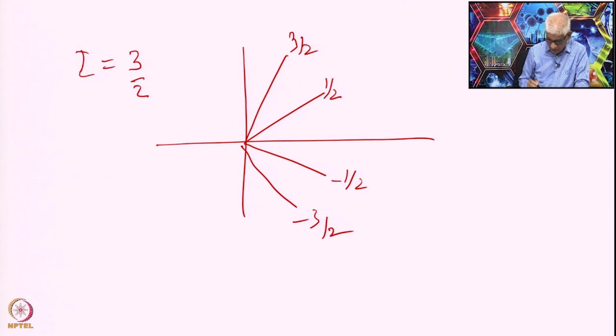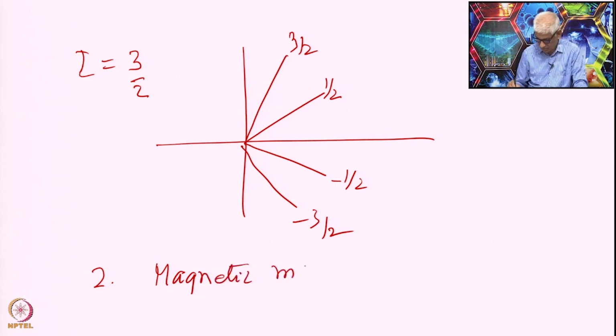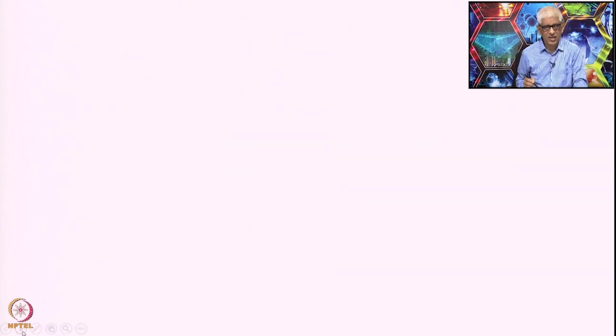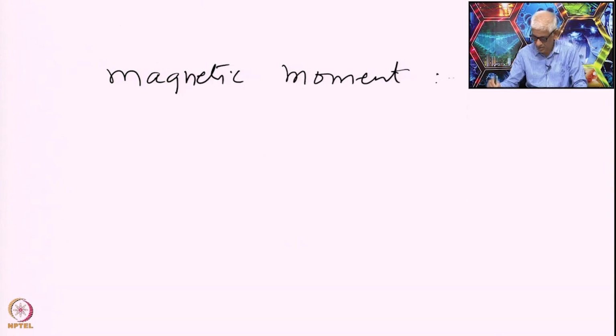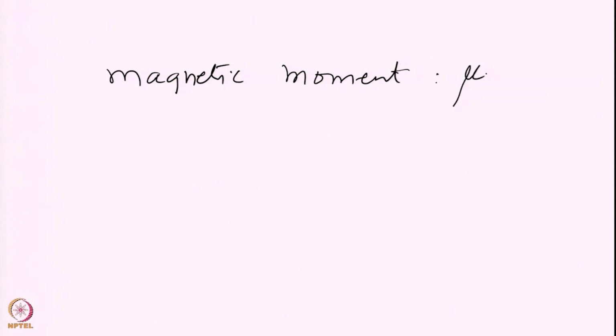The next fundamental property is magnetic moment. Nuclei have a magnetic moment. It turns out that the magnetic moment, which is represented by the symbol mu, is proportional to the angular momentum.